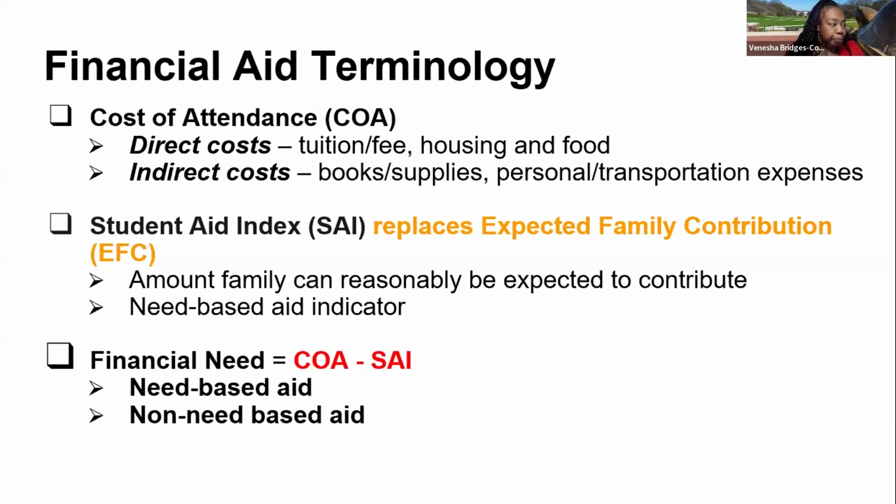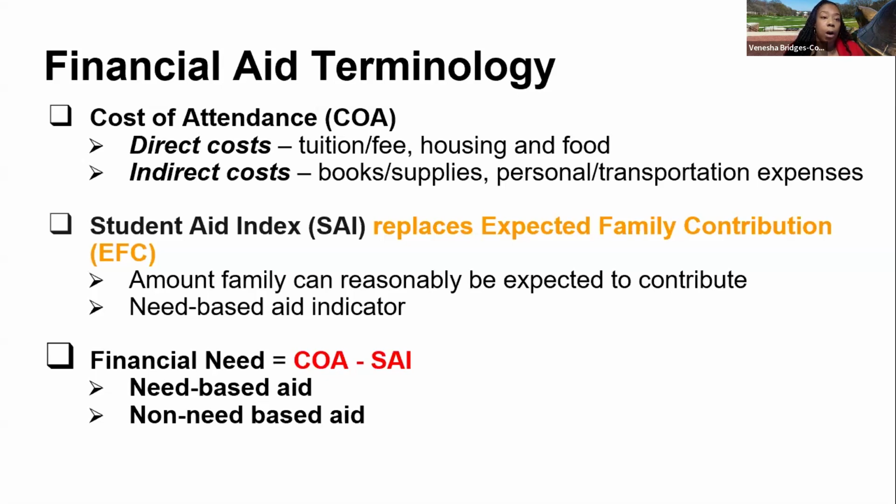This year, we have replaced the expected family contribution terminology with the student aid index. And this is the amount that a family can reasonably be expected to contribute to their educational expenses. And pretty much this is our need-based indicator for federal aid purposes. So when you complete your free application for federal student aid, it pulls your income or your tax information directly from the IRS, and it generates a student aid index that's sent to all schools.